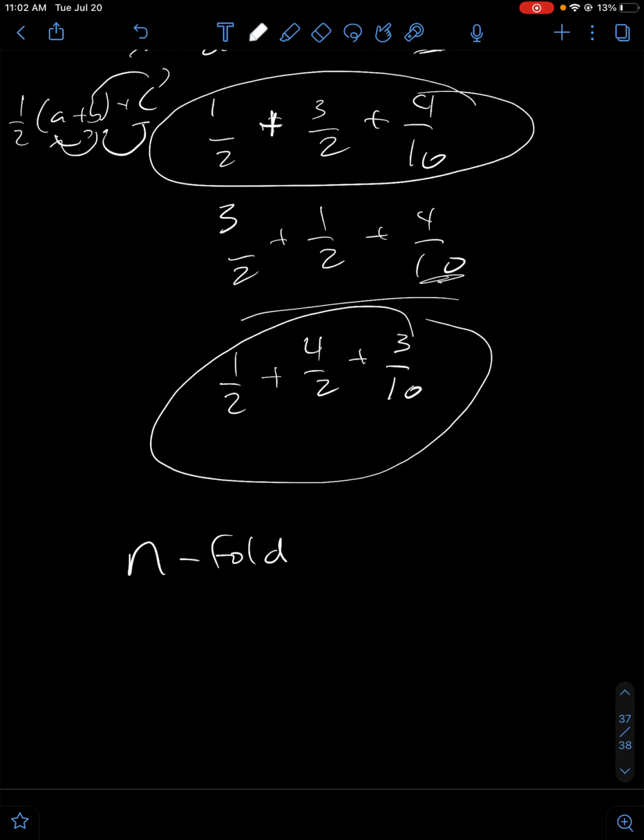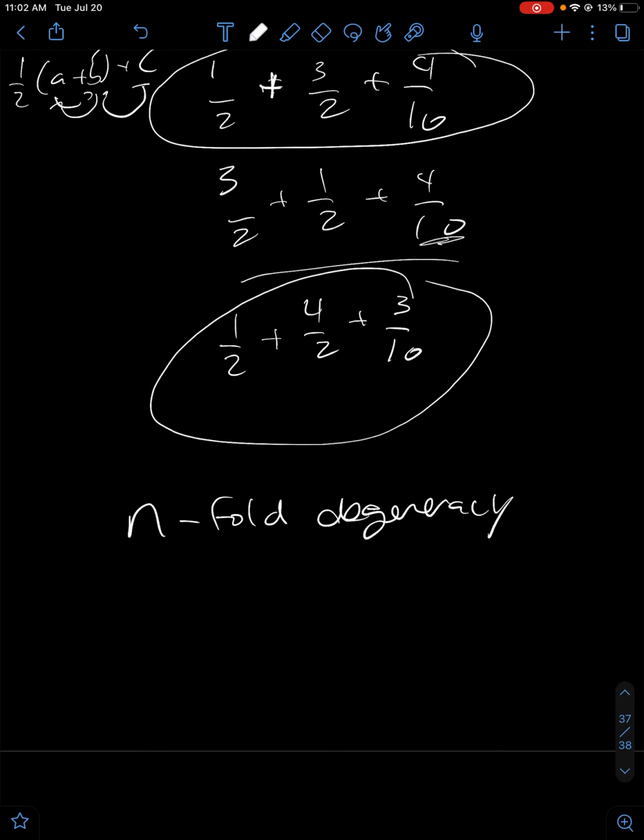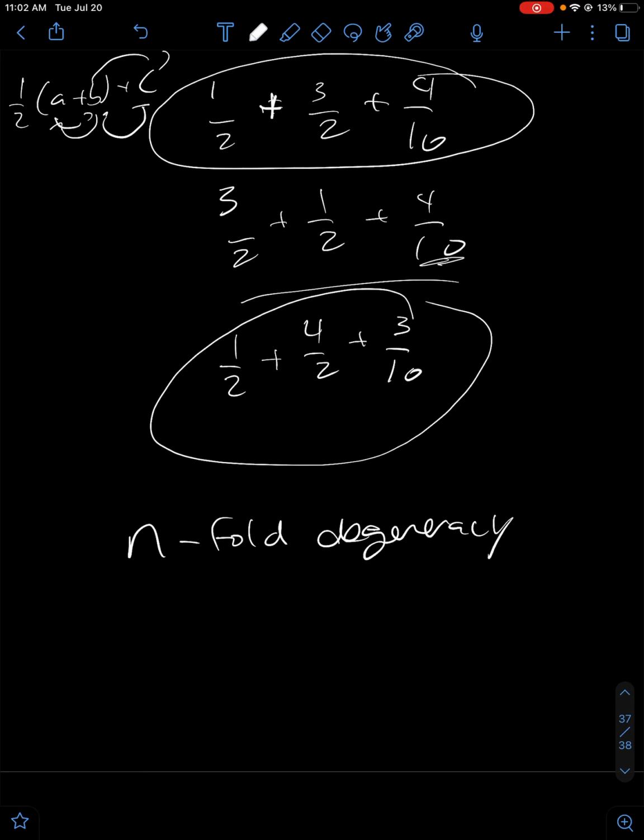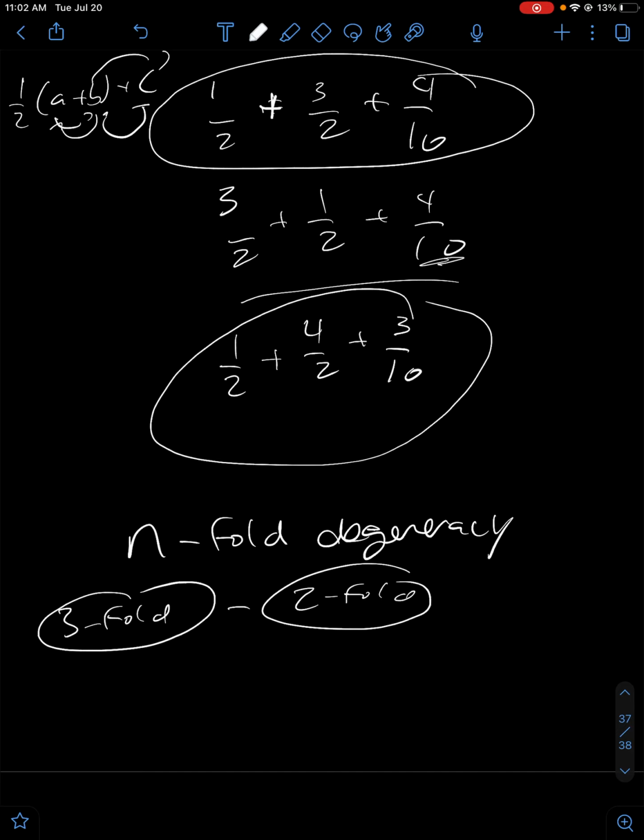So yeah, that is our n-fold degeneracies for this cubical box. We evaluated the case of threefold degeneracy, twofold degeneracy, and also the case where we have no degeneracy.